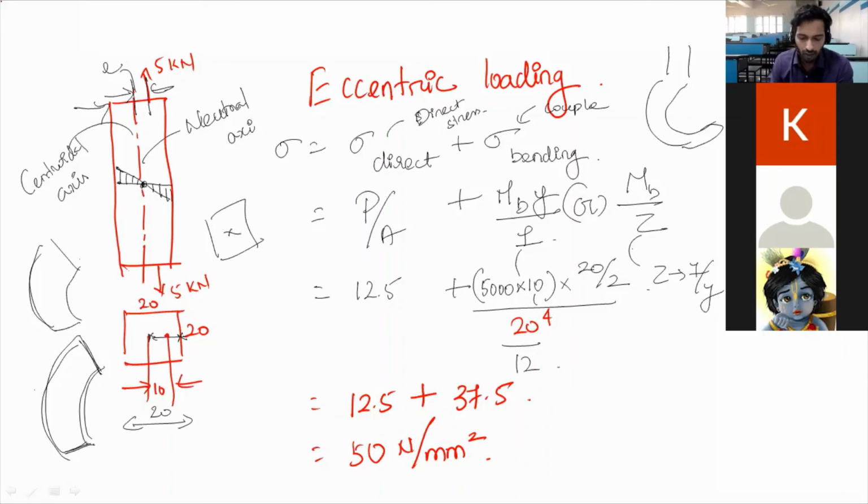So you have to give additional support for eccentric loadings. If it acts centrally it is just 12.5. For acting just 10 millimeter away, 37.5 Newton per mm square more stress is acting in this particular element. That's why eccentric loading is very critical, so you should be very cautious about this.